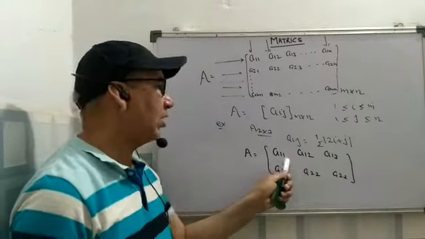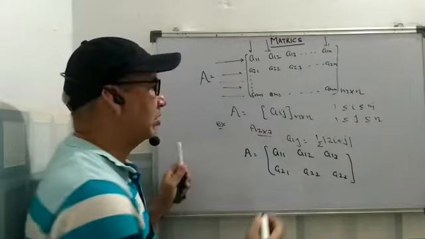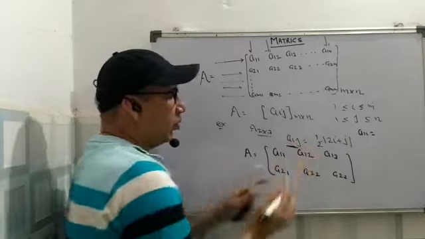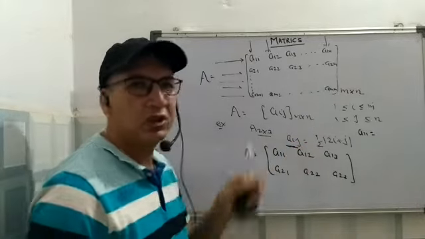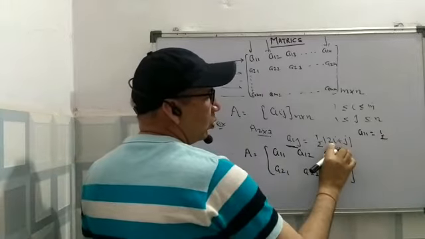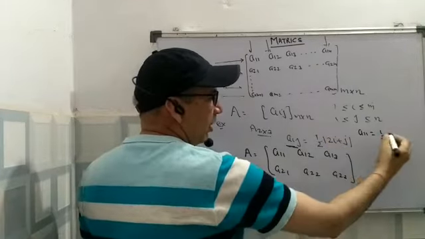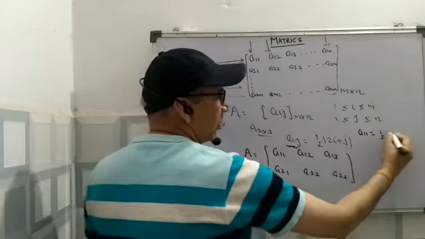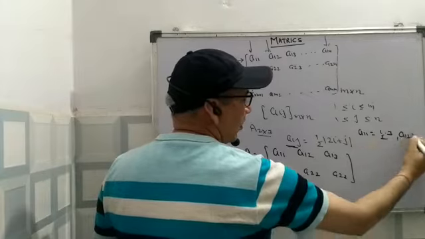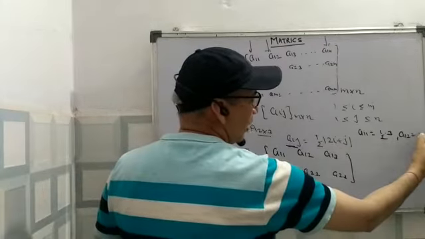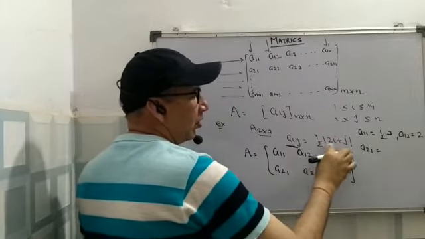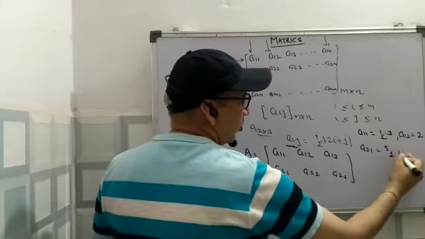Now we will find the value of these elements. These are A11. So here I will put i equal 1 and j is also 1. So this is (2i + j)/2, that is 2 into 1 plus 1, which is 3, so 3 by 2. Similarly A12 is (2 + 2)/2, which is 2. A21 is (4 + 1)/2, which is 5 by 2.